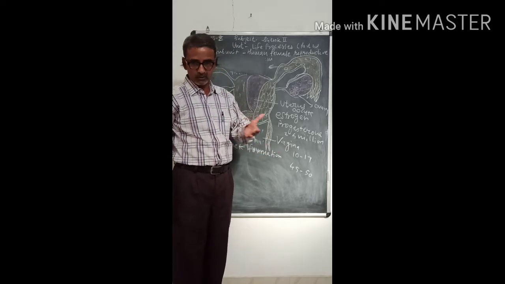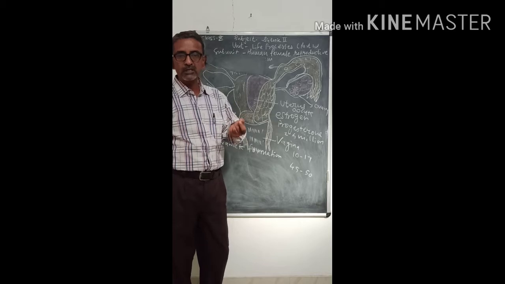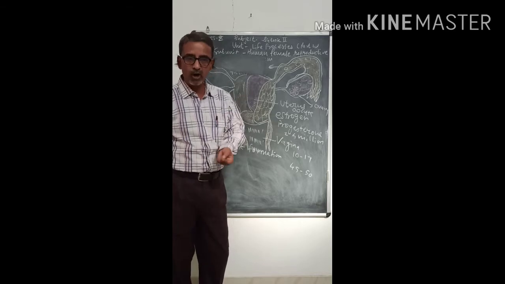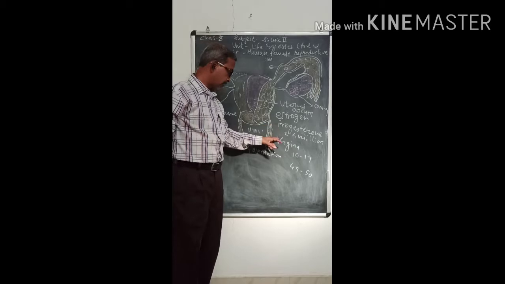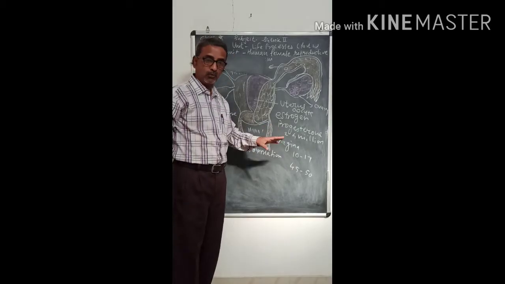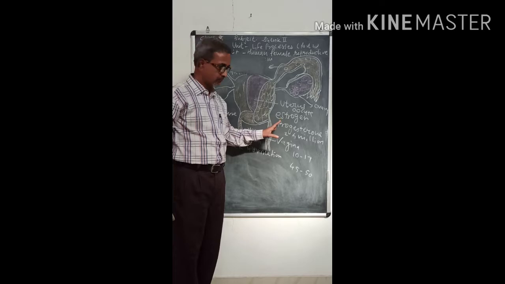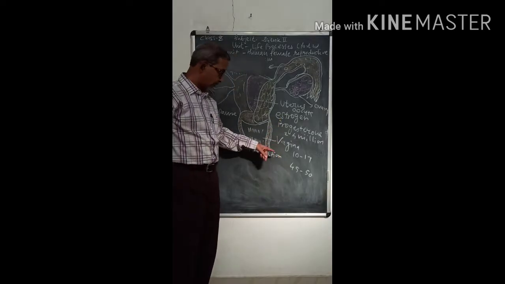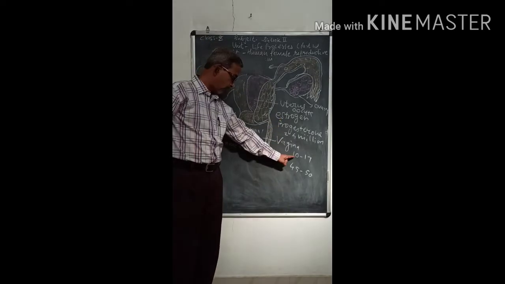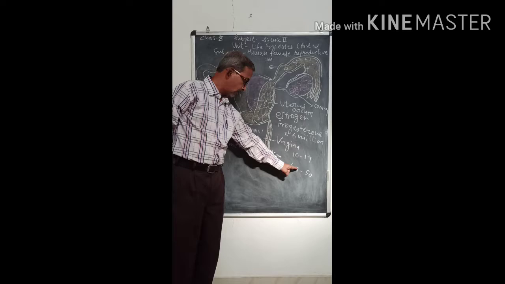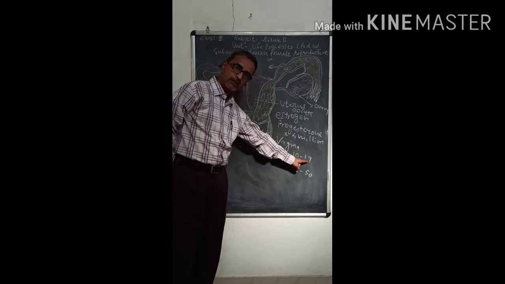Now what is menopause? We have just seen menopause is the stoppage of functioning of the female reproductive system. After that there is no release of the egg cell. So during this span, from 10 to 45, minimum 10, maximum 17.